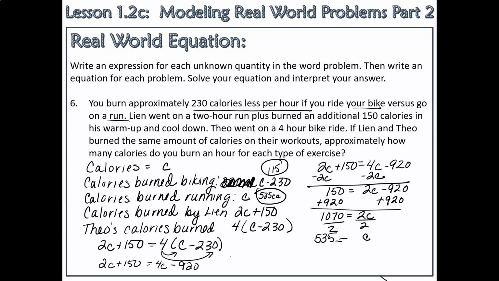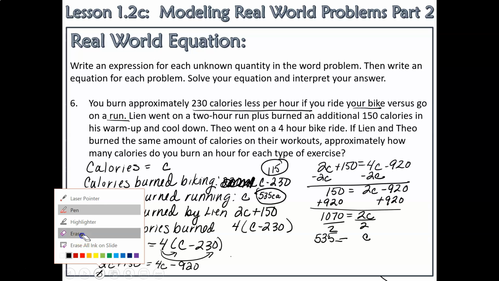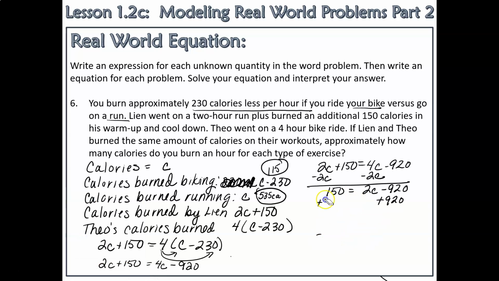Okay, so let's look at their workouts and see how many calories they burned. So I'm going to erase this. You can go back and rewind if you need to. I need some space. Okay, so at this point we know that they're going to be the same. So I'm going to just take one of them.